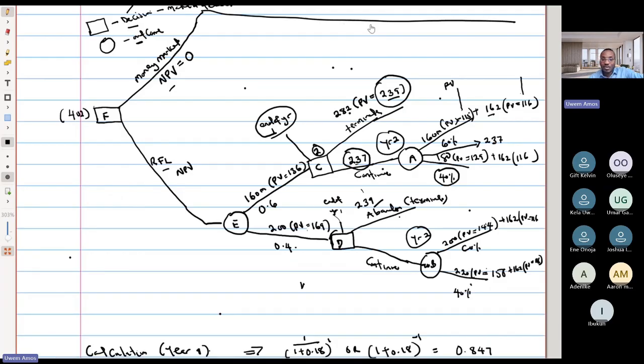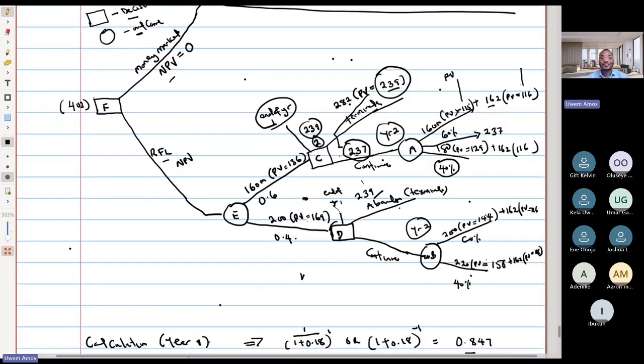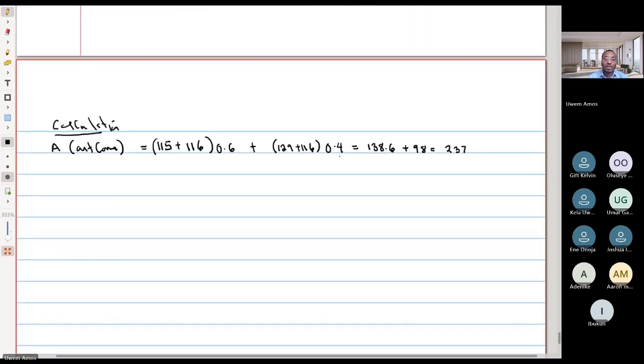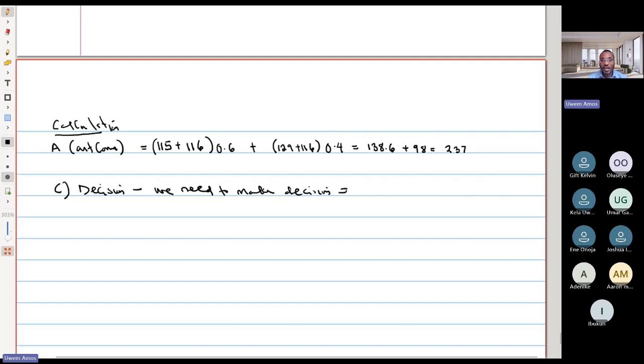Clearly, it is 239. That therefore means that at this point our value is 239, comparing this versus this. So point C is a decision point, so we need to make a decision. What are the decisions?